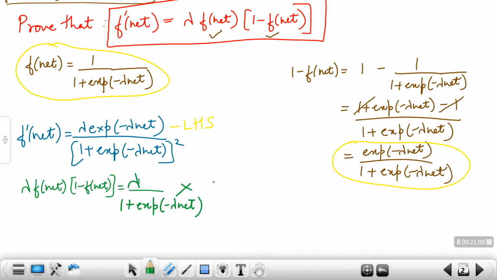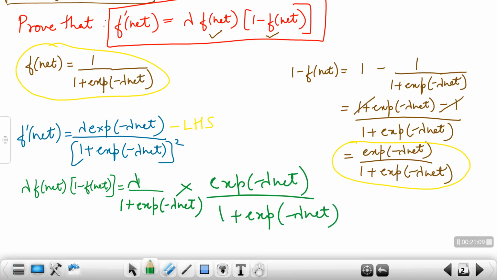This is f of net, and 1 minus f of net is nothing but exponential of minus lambda net upon this. Fine. So when you multiply this and this, you finally get the same thing.